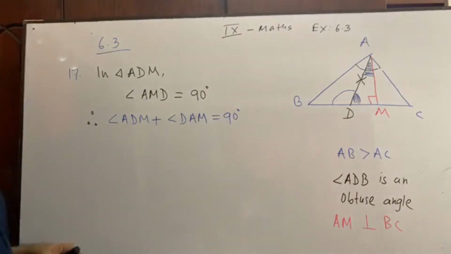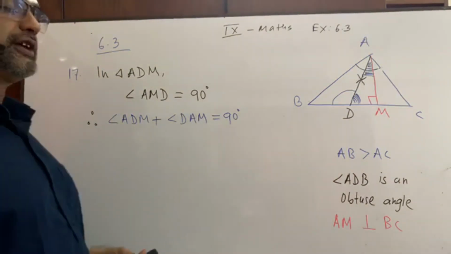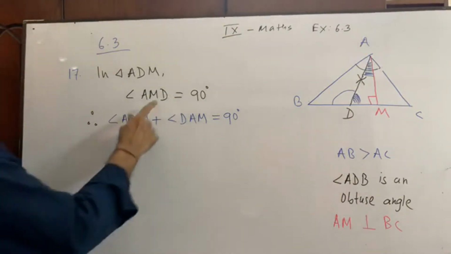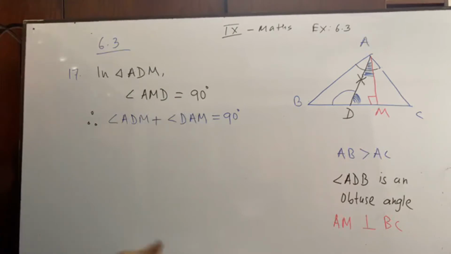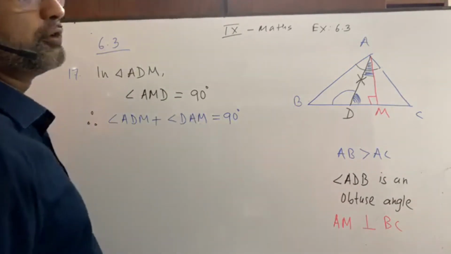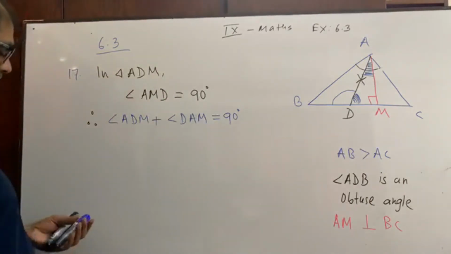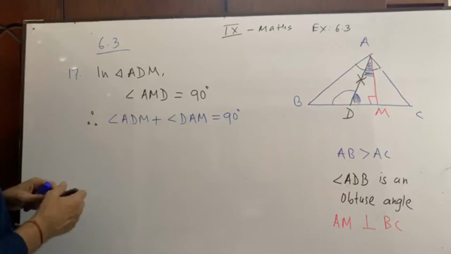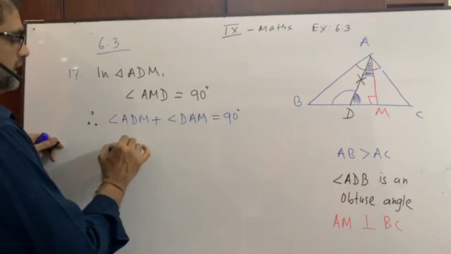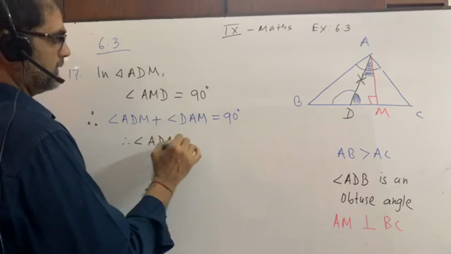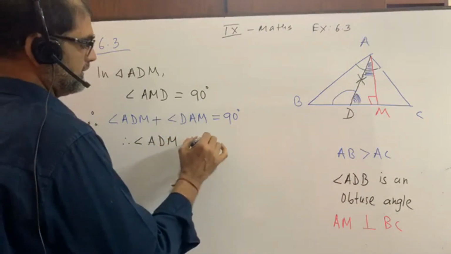We know that the sum of the three angles of a triangle is two right angles, that is 180 degrees. One of the angles is 90 degrees, therefore the sum of the other two angles will be 90, to make 90 plus 90 equals 180 degrees. Now can I write down here, therefore angle ADM is less than 90 degrees?